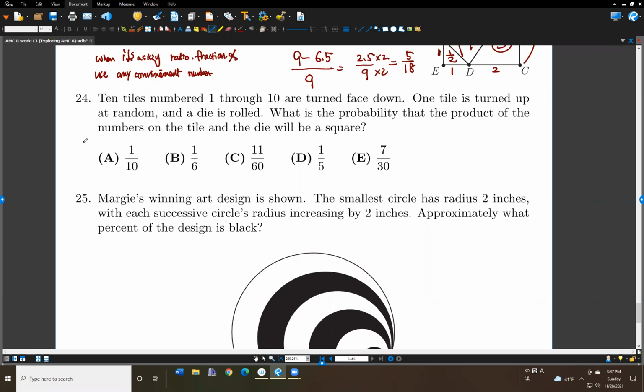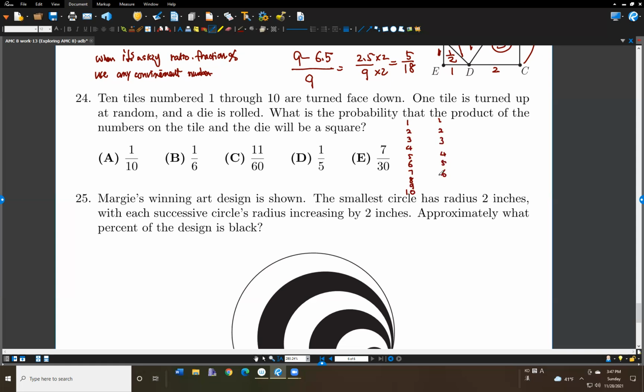And what is the probability that the product of the numbers on the card and the die will be a square? This is 1, 2, 3, 4, 5, 6, 7, 8, 9. You can use this one. Only 10 numbers available. The die also has 1, 2, 3, 4, 5, 6.